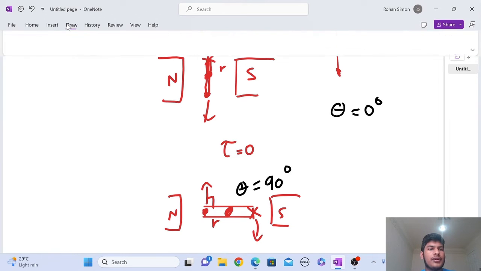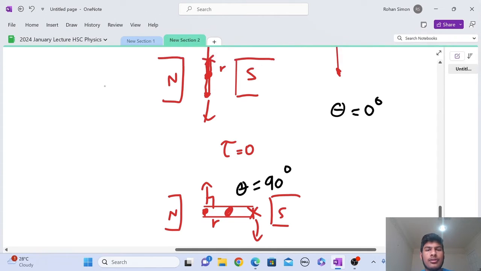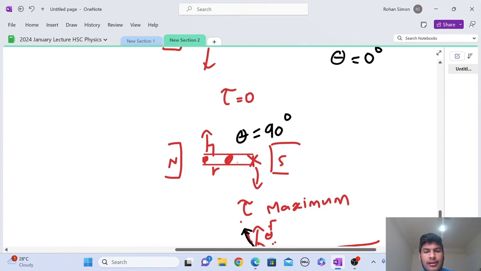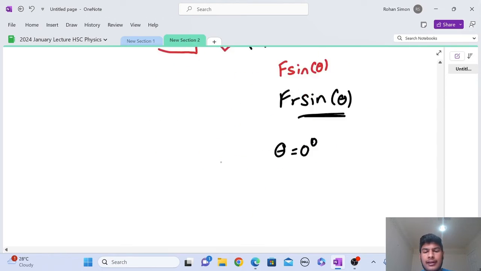So at theta equals 0 degrees, we've got a minimum torque because the force is parallel to that lever arm. Whereas at theta equals 90 degrees, we've got a maximum torque because the force is perpendicular to that lever arm.